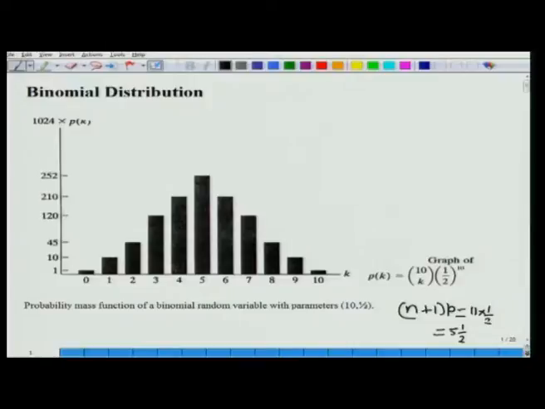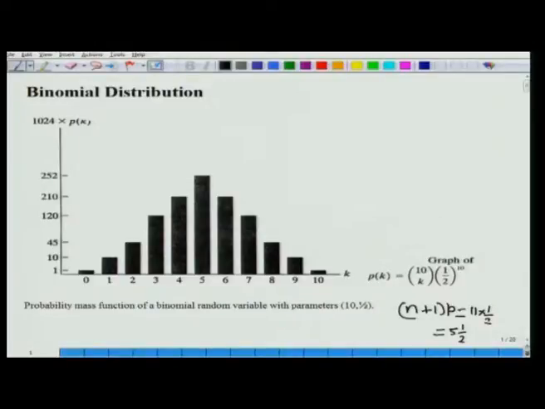So, as we just proved, in this case the maximum value will be attained for the largest integer present in (n+1)p, which is 5. Therefore, you see the largest bar corresponds to k equal to 5, and then again the values start decreasing. You also see that in this case, because p is half, the graph is symmetric about the value k equal to 5. Okay.